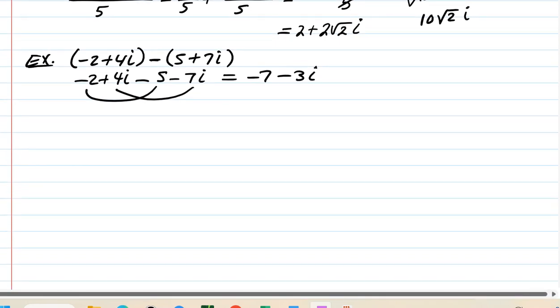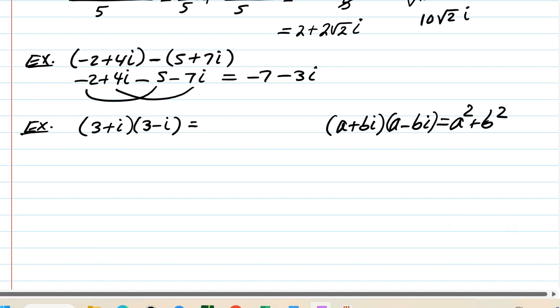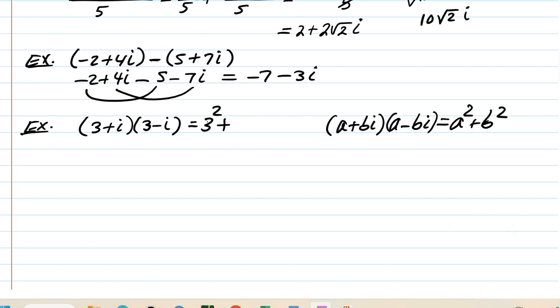Let's see, let's do another one of the products. I'm going to do a conjugate: 3 plus i times 3 minus i. And remember, for the conjugate a plus bi times a minus bi, let's get used to this formula, it gives you a sum of two squares. So you square the real part plus b squared, don't worry about the i.